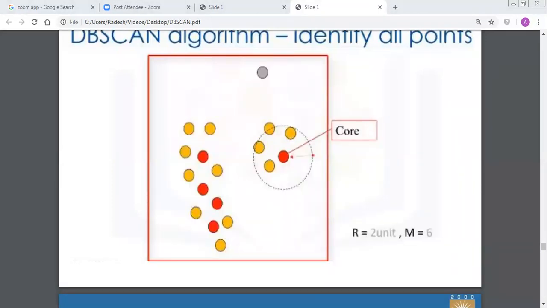Hello? Any doubts from yesterday's class on hierarchical clustering? We have gone through the technique.